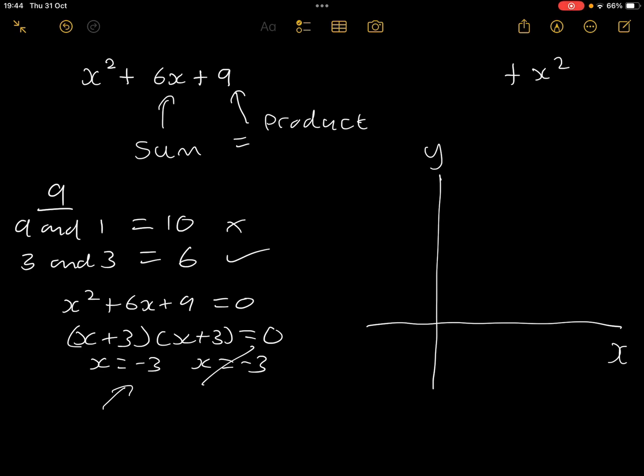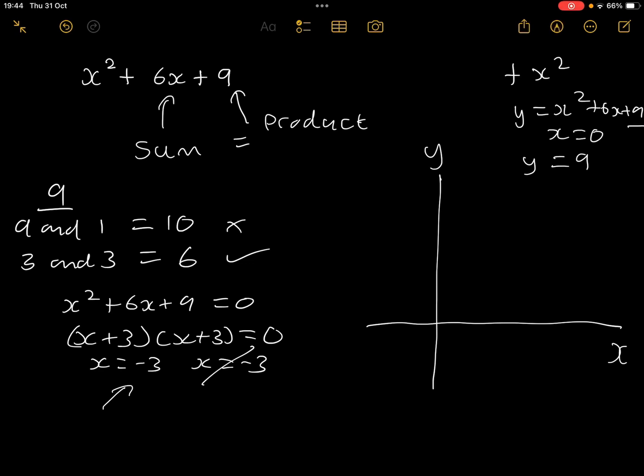But in terms of knowing where our y-intercept is, that's another problem. As the question will be written as y equals x squared plus 6x plus 9, in order to find out what our y-intercept is, you just set x equal to 0, therefore y must equal 9. You could also do that by just looking at the number without an x, which would just be the 9.